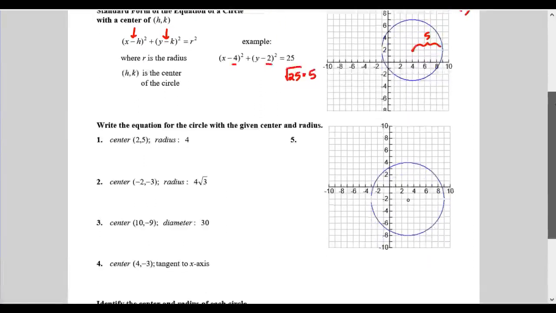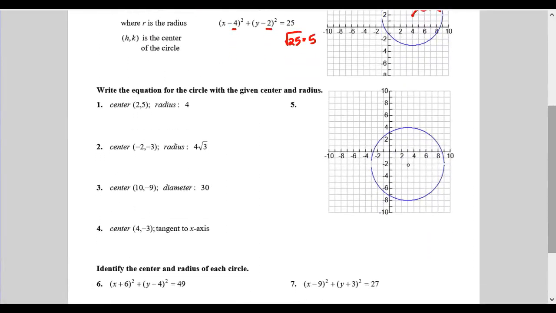Alright, so given this information, we're going to write the equation of a circle given the center and the radius. Okay? So always start out with x minus something squared, plus y minus something squared, equals the radius squared. Again, h and k are what go in with my x and y.